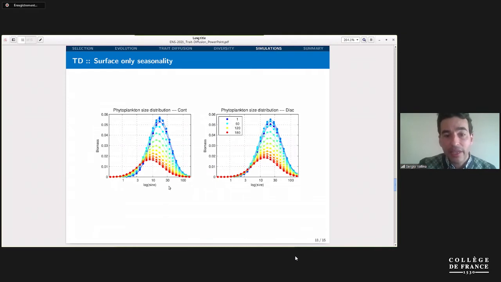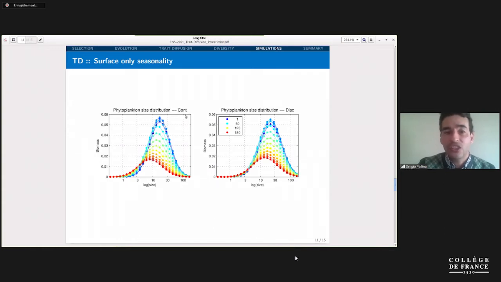The x-axis is size, log size in this case. The values are size in microns, but the scale is logarithmic. The vertical axis is biomass of the different size classes. And the colors represent the seasonality. So you go from the 1st of January in blue up until the middle of July in red.